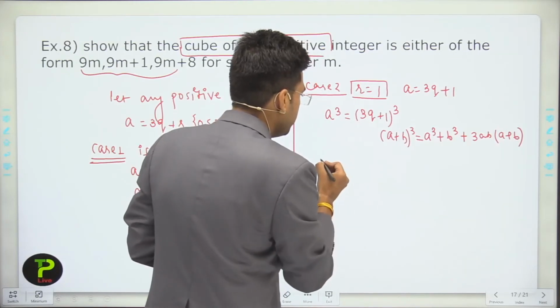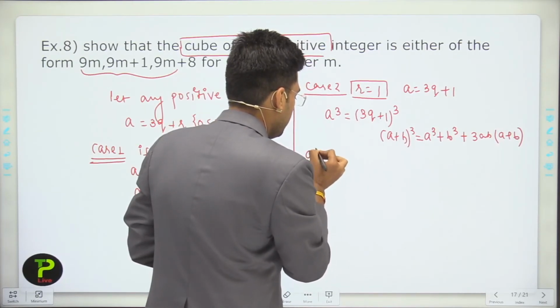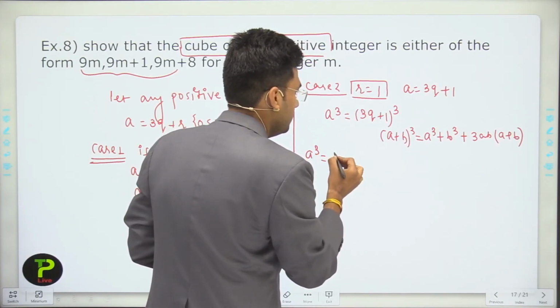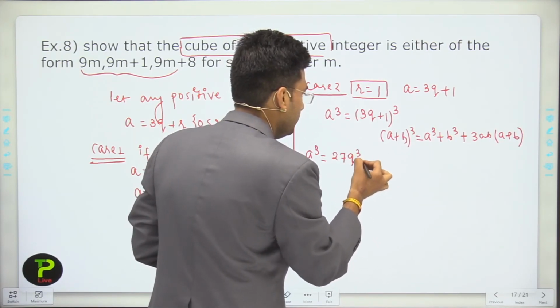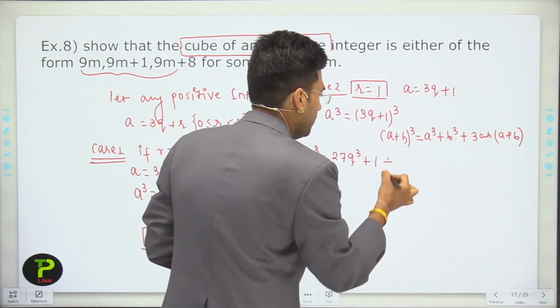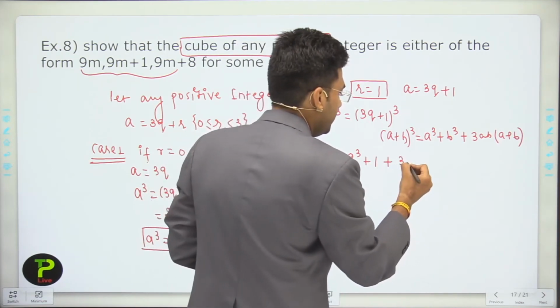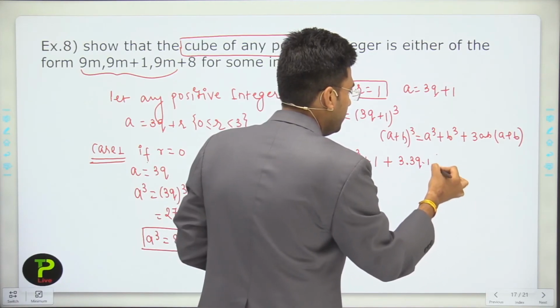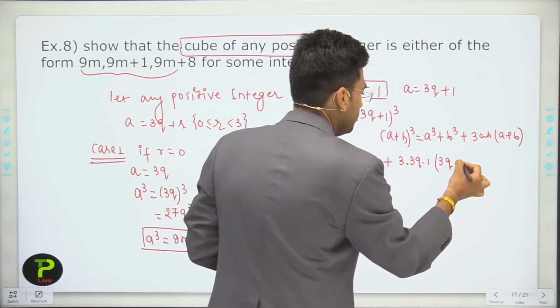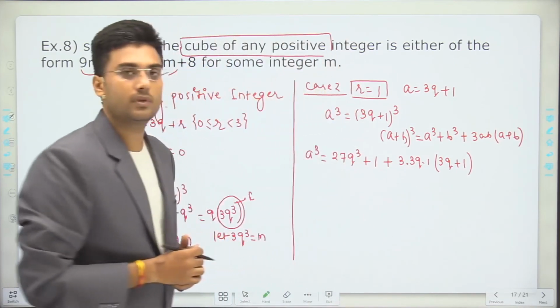Okay, so solve this. When we solve this, we will get a cube is equal to 27q cube plus 1 plus 3 multiplied by 3q multiplied by 1 and 3q plus 1. Clear?